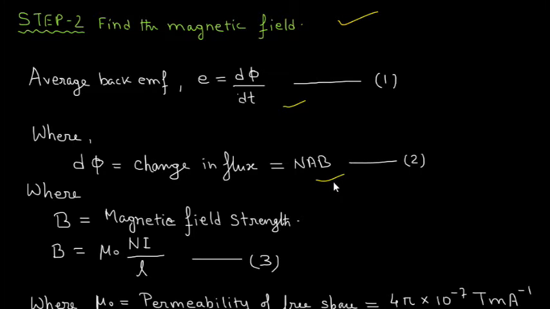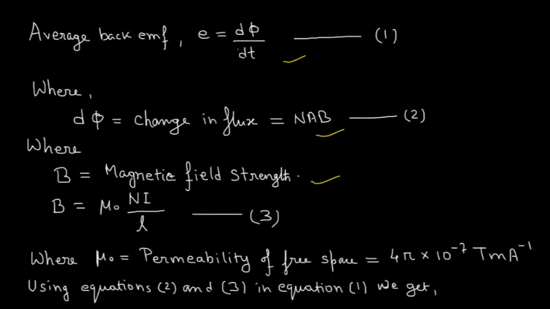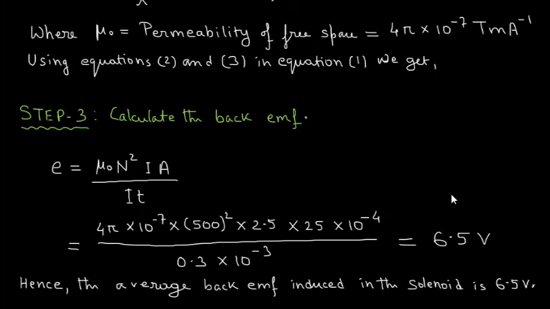This is equation number 2, where B is the magnetic field strength, and B is equal to mu naught N I upon L. Here mu naught is the permeability of free space, 4 pi multiplied by 10 to the minus 7 T m A to the power minus 1. Using equations 2 and 3 in equation 1, we get the result.